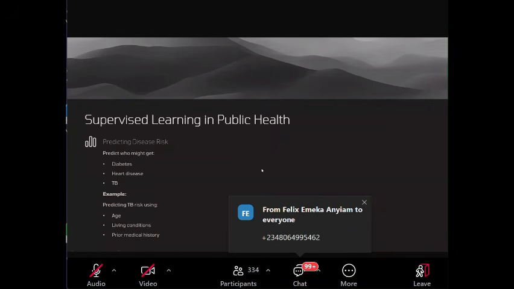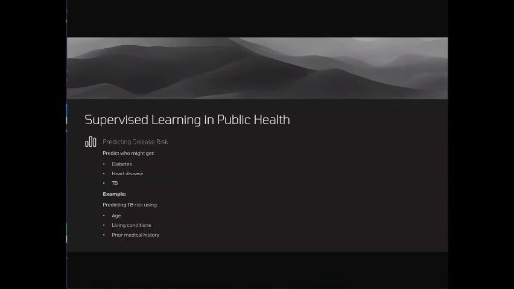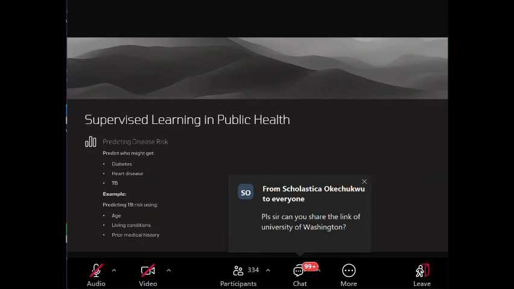So, like I said, supervised learning in public health. It's easy to use supervised learning in public health because most of the data we collect is labeled data. So you may collect data that will help you predict diabetes, heart disease, or TB. If you want to predict TB, what will you collect? Those that live in crowded environments.